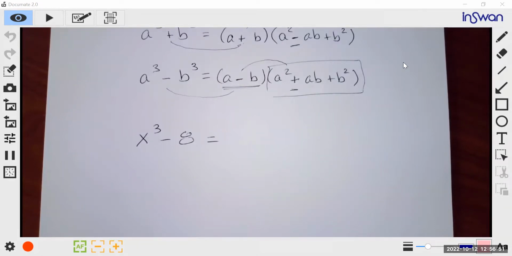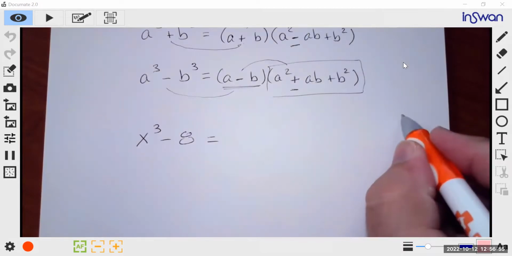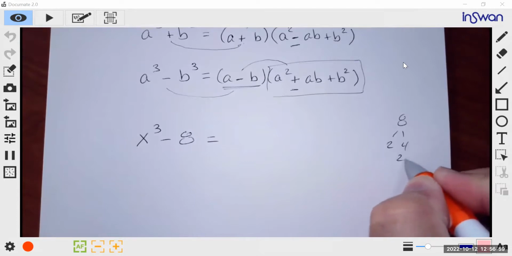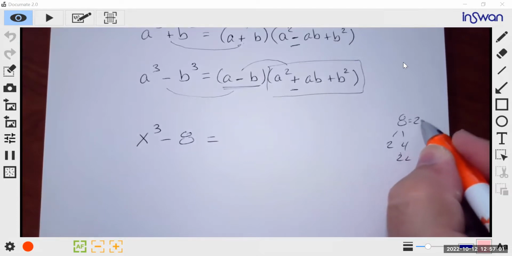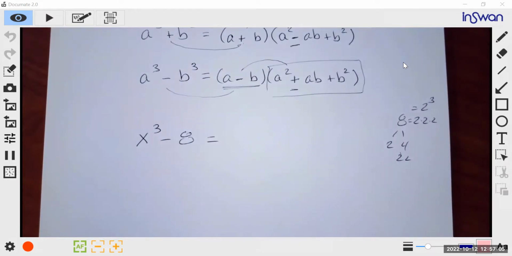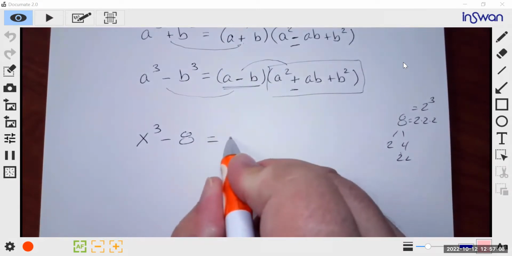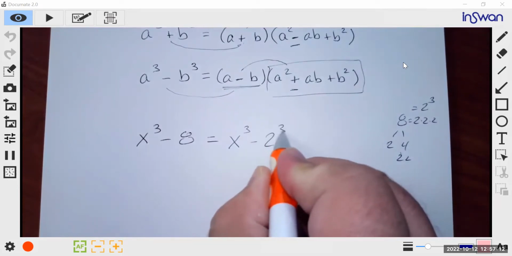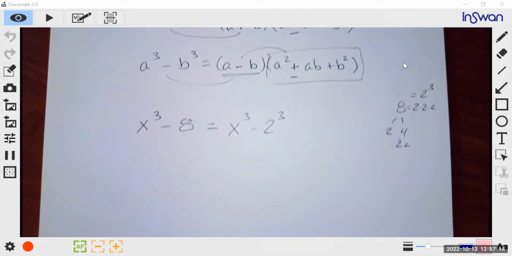What is 8 made up of? 2 times 4, so it's 2 times 2 times 2. In other words, it's 2 cubed. So it's the same thing as x cubed minus 2 cubed. So it is a difference of 2 cubes.